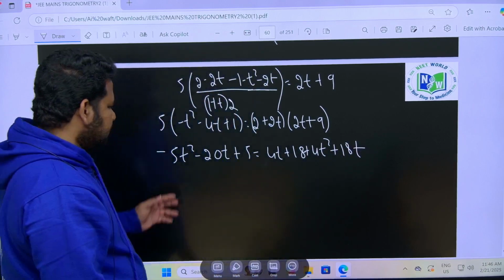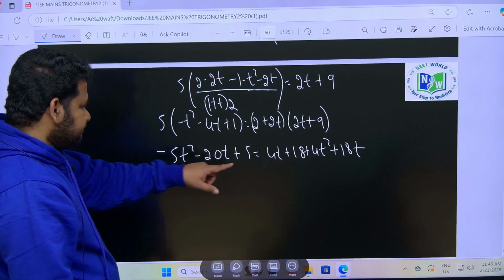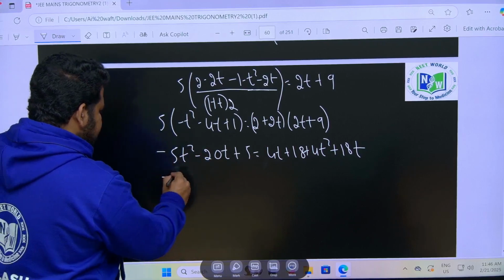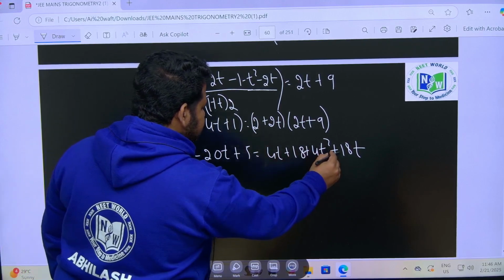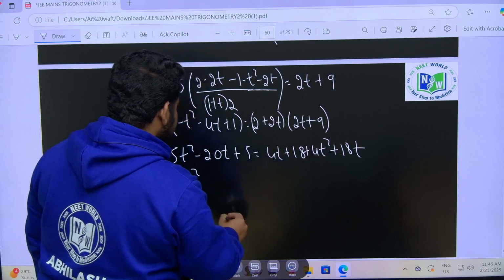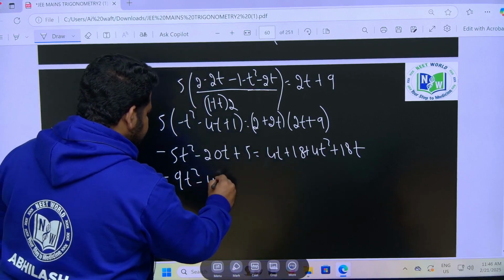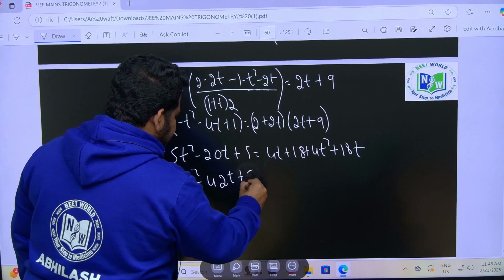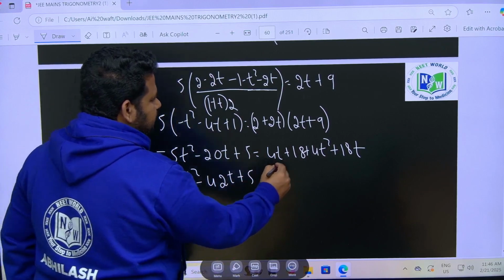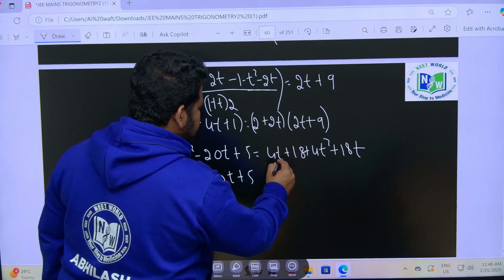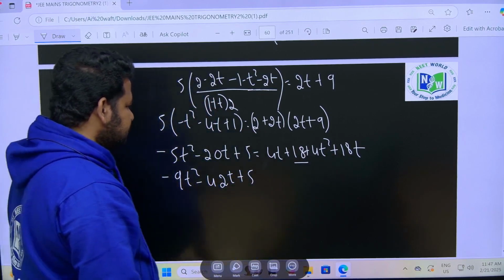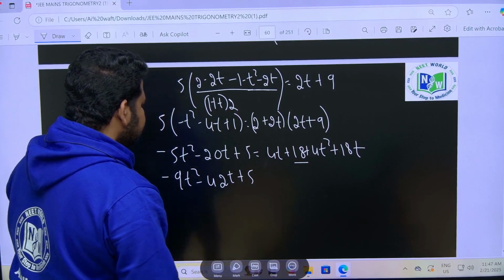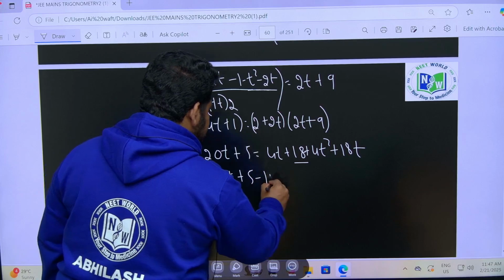Now on simplifying this, what will you get? If you bring it this side, this will be minus 9t square. What about t? 4t plus 18t is 22t, 22t minus 42t... plus 5 is here. 18 is here, and if you bring it this side it will be minus 18 is equal to 0.